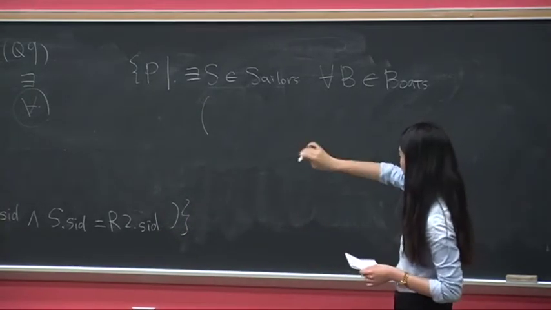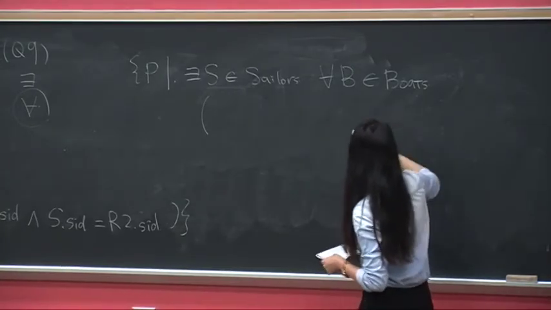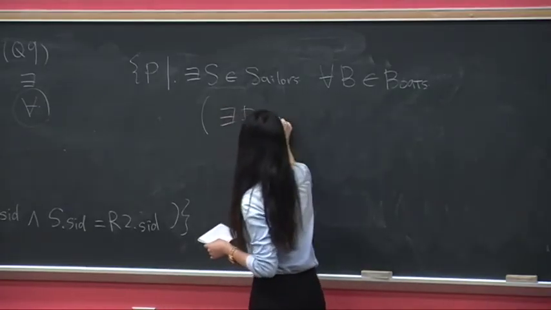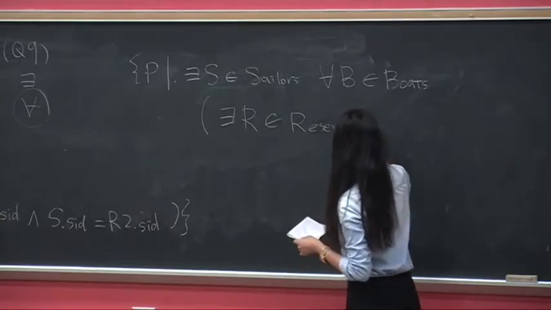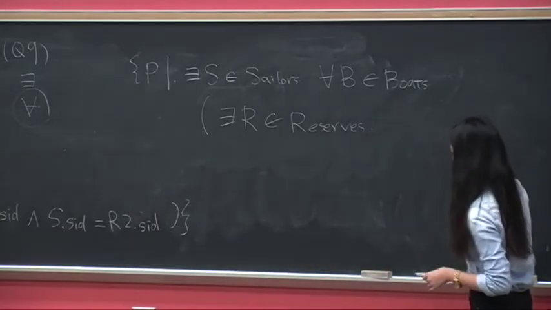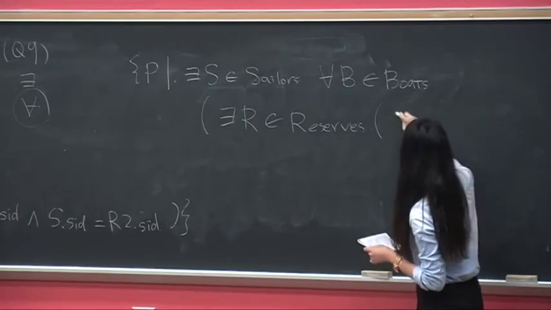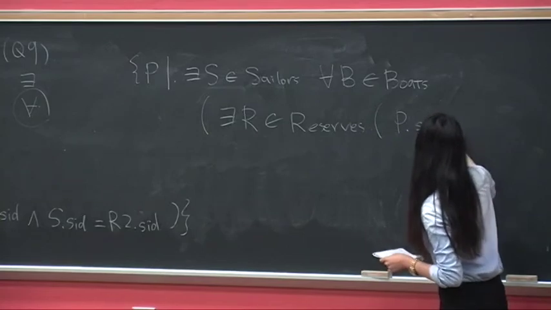P satisfies the criteria where there exists S from sailors, and for every B from boats, there exists an R from reserves which satisfies the condition that, let's do projection first.